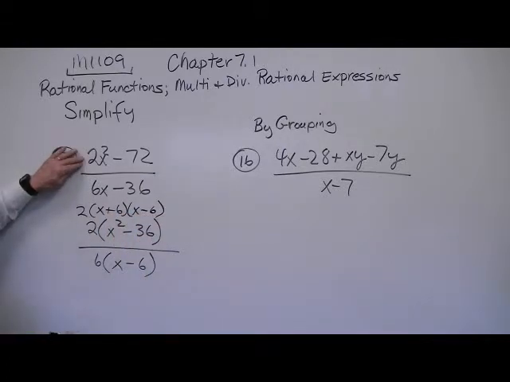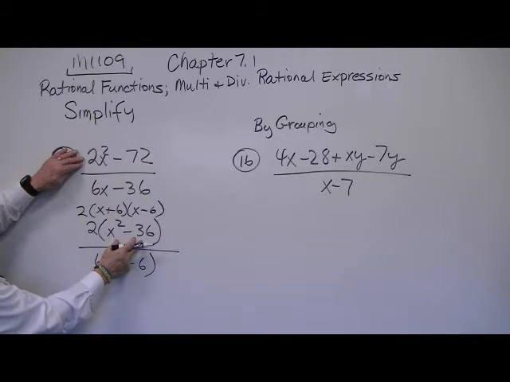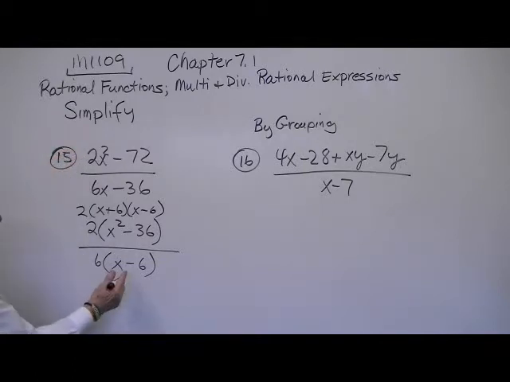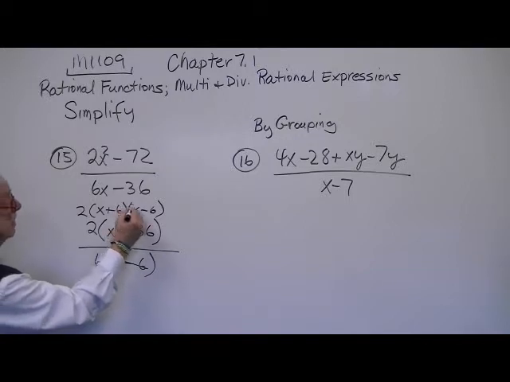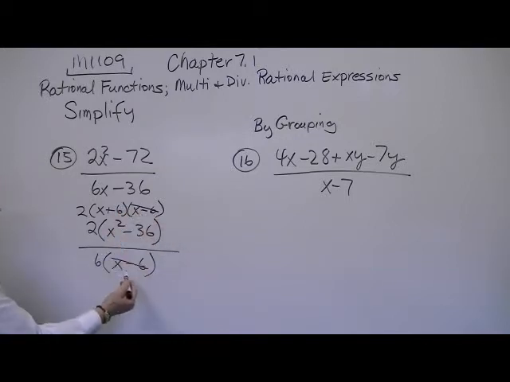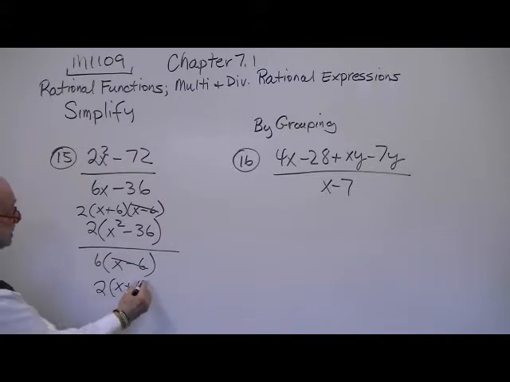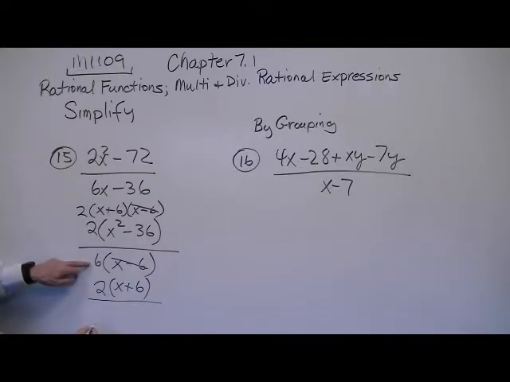So we started with this. We took out the common 2. Saw we had the difference of perfect squares. We now factor that into its conjugates. And we factored the bottom already. Now we see a conjugate that is a common factor. And our answer will be 2 times x plus 6 all over, well, maybe I can do some more canceling here as I look at this, over 6.